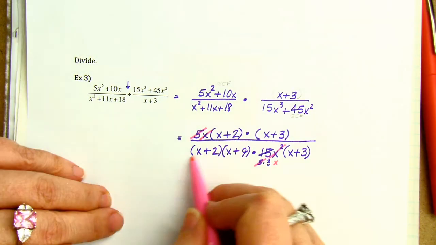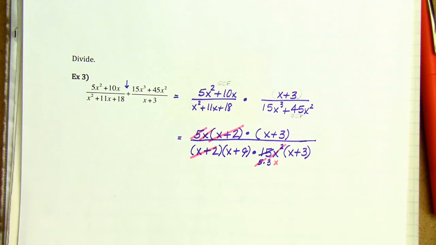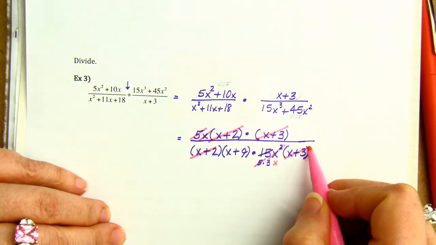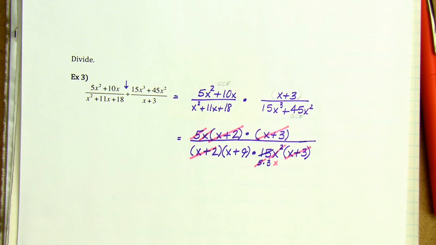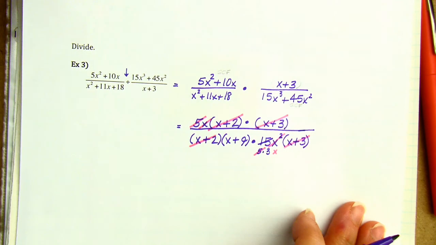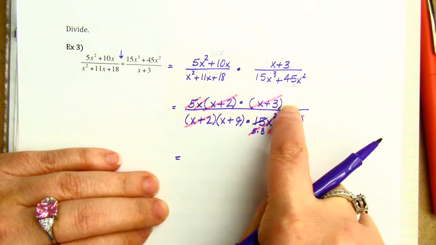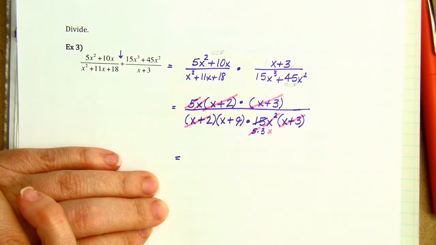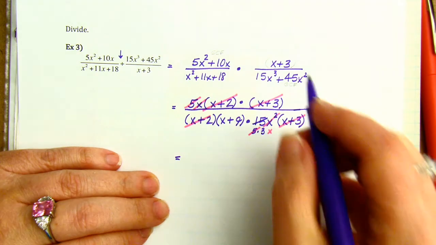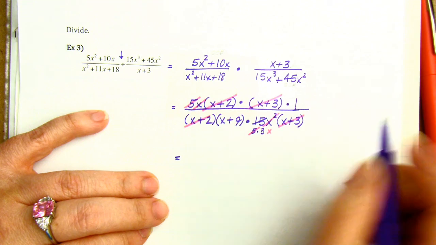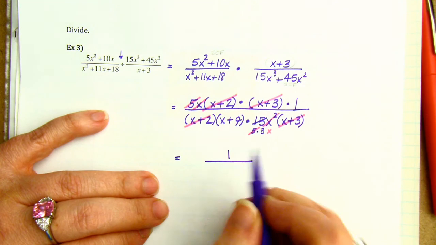Quantity x plus 2, it goes. Quantity x plus 3, it goes. Now, after I'm done crossing off numerator-denominator pairs, I got to write what remains, what's left. Folks, just because everything went out of the numerator doesn't mean there's nothing there. This is all times 1. You can't forget to put the 1 there.